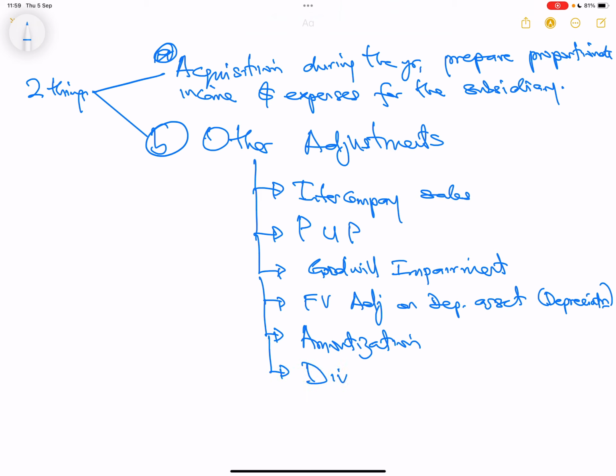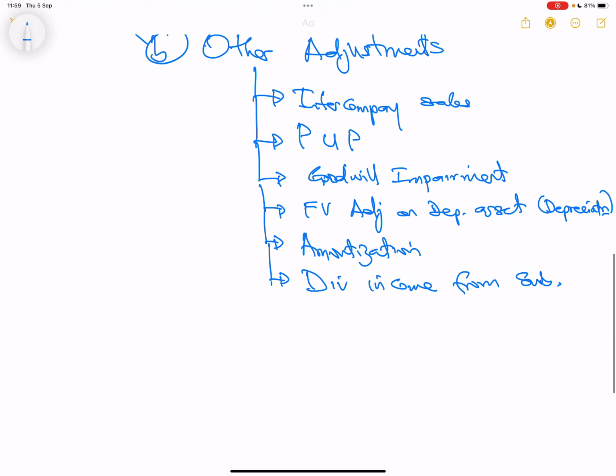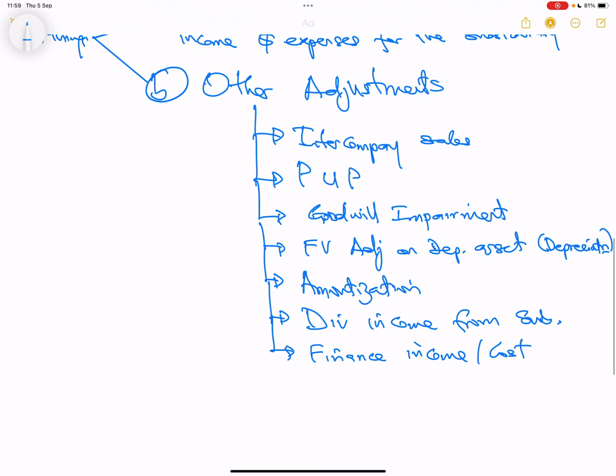Likewise, dividend income must be removed from the parent. So if the dividend income is from the subsidiary, that needs to be eliminated as well. We need to take it out. There might also be finance income or cost, depending on who is giving the financing. Most of these things are either intercompany transactions, goodwill impairment, or fair value valuation giving rise to excess or shortfall in depreciation.